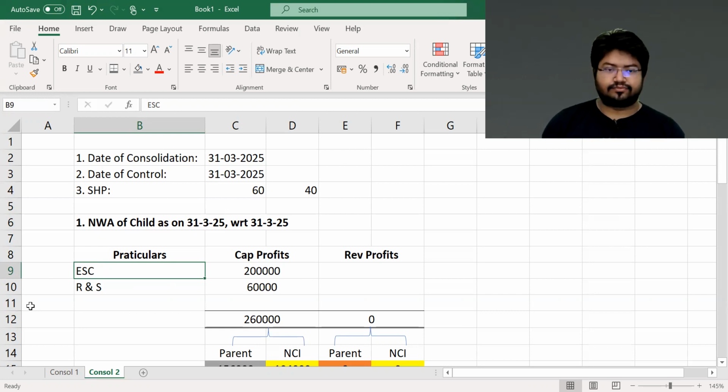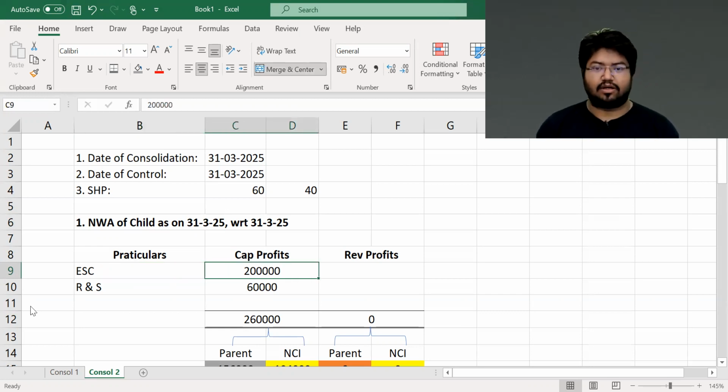Equity share capital of Q Limited is 2 lakhs. The child is 2 lakhs. Take the same 2 lakhs. Reserves and surplus is 60,000. Take the same 60,000 and take totals.